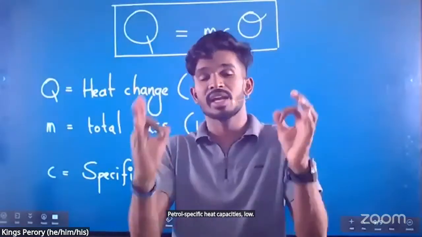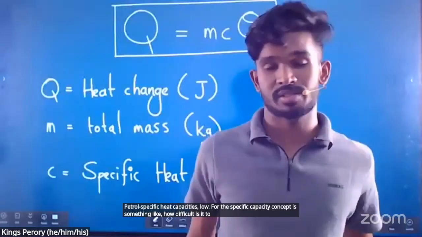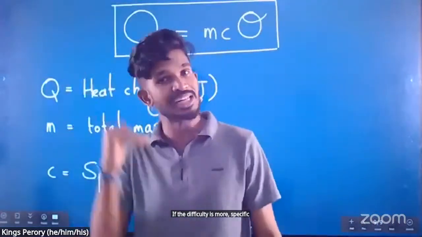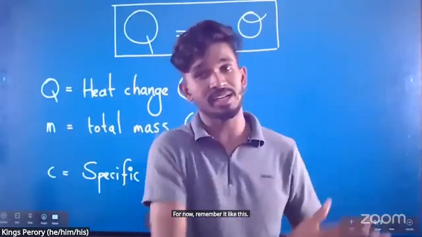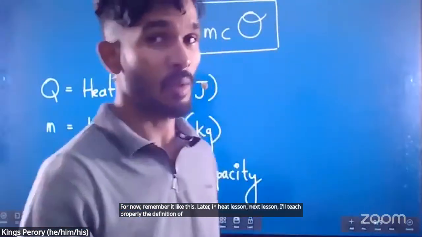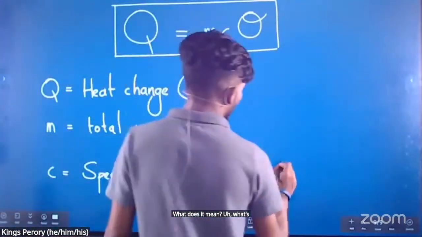So the specific heat capacity concept is something like how difficult it is to heat a substance. If the difficulty is more, specific heat capacity is more. If the difficulty is less, specific heat capacity is less. For now, remember it like this. Later, in the next heat lesson, I'll teach the definition of specific heat capacity properly. What's the unit of specific heat capacity?